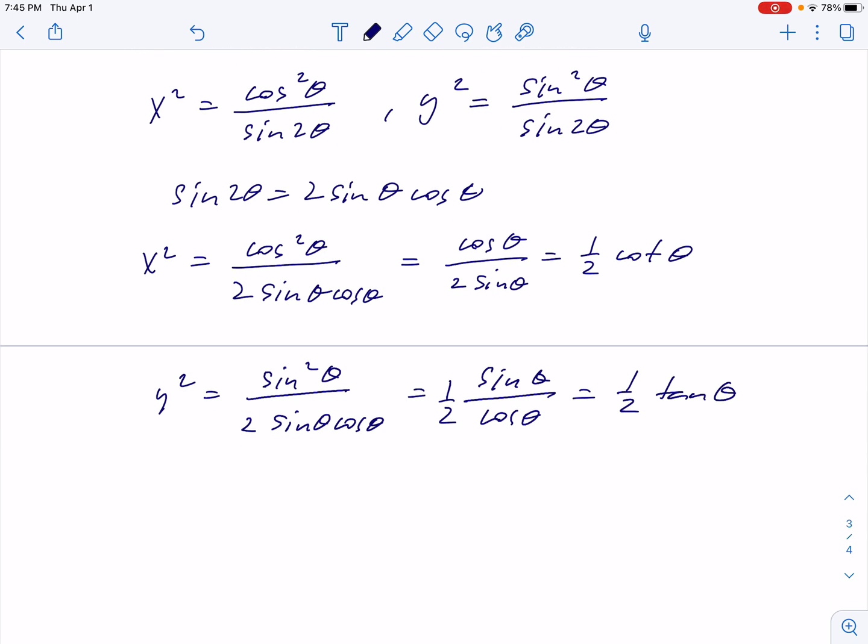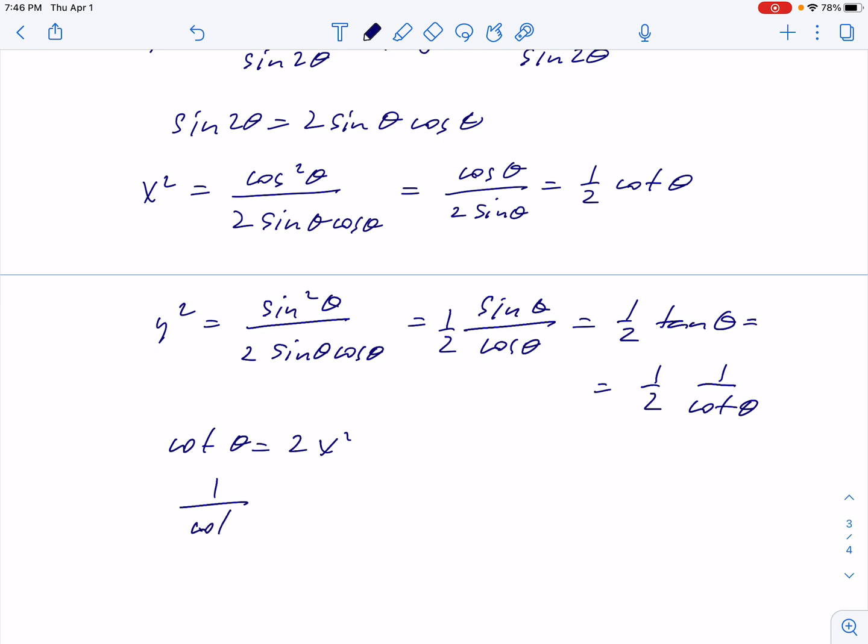We all know that tangent theta is 1 over cotangent theta, so this is 1/2 times 1 over cotangent theta. Cotangent theta we can find from x squared: cotangent theta is 2 times x squared.